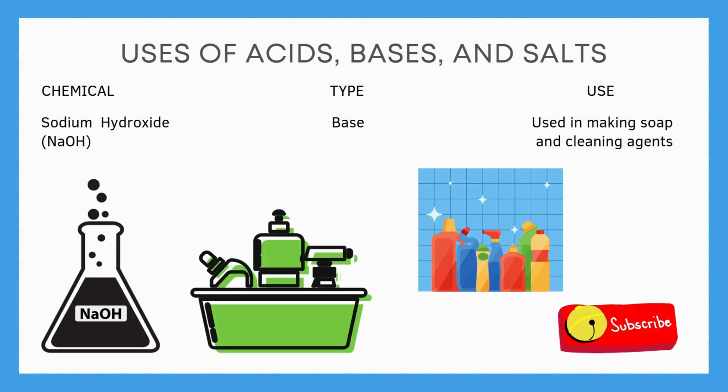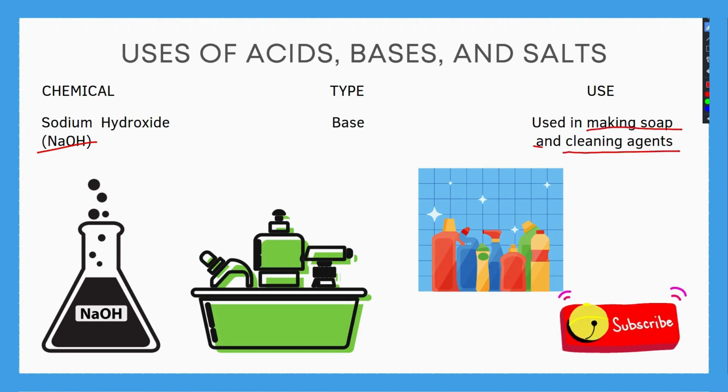Now, the next we want to talk about is a base, sodium hydroxide. Sodium hydroxide is used for making soap and cleaning agents, which is why soap is actually classified as a base, because it contains sodium hydroxide. That sodium hydroxide is what makes soap slippery.